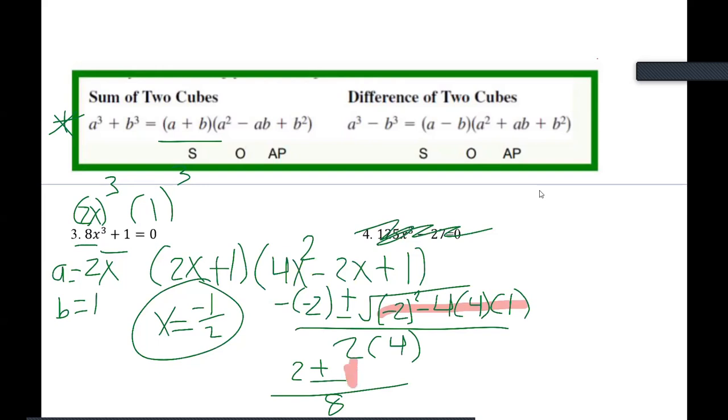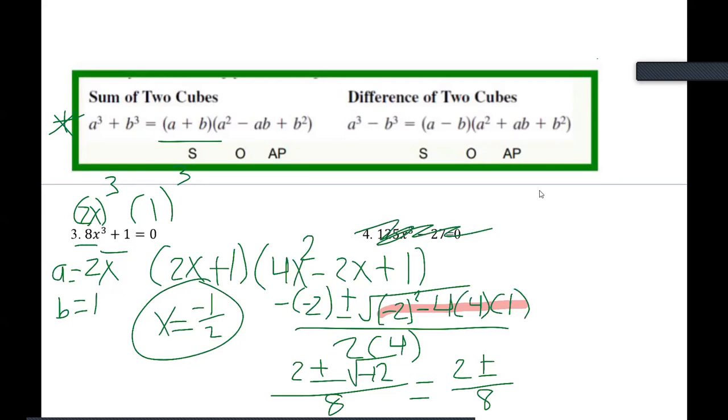That would be the square root of negative 12. So this would really be 2 plus or minus the square root of 12. I usually like to put it as a decimal. You could just put the square root of 12i if you want to keep it as a radical, but I usually like to get the decimals if I can. That's just me.